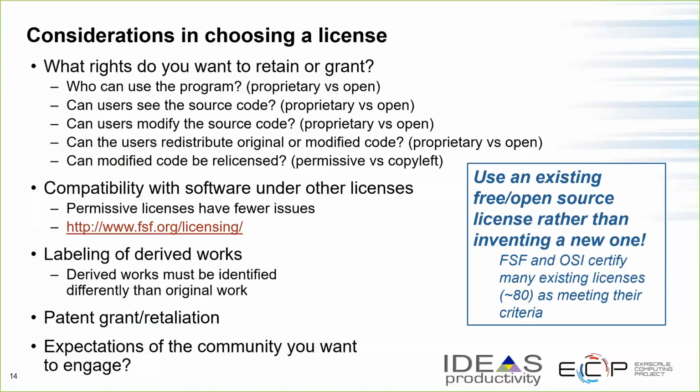Now, we'll talk a little bit more about some of these considerations in more detail, but I do want to say one thing that's really important. If you want to use an open source license, you're much better off going with one that's already been certified as open source and vetted legally and is understood by the community than trying to create your own.